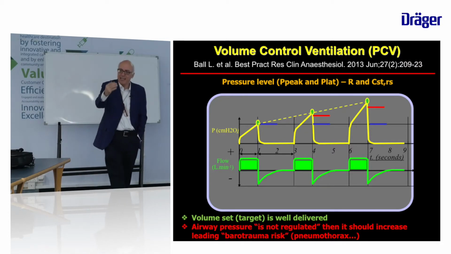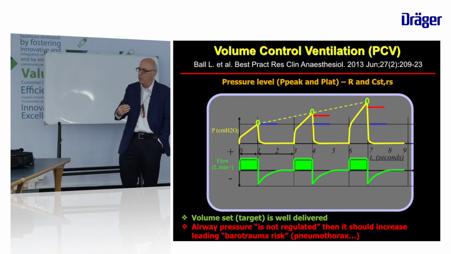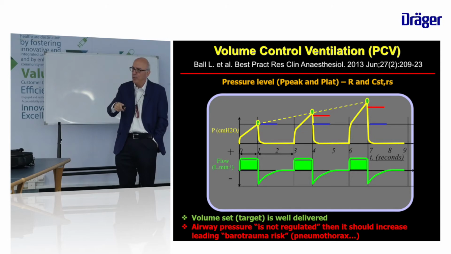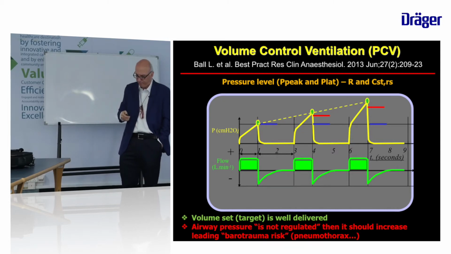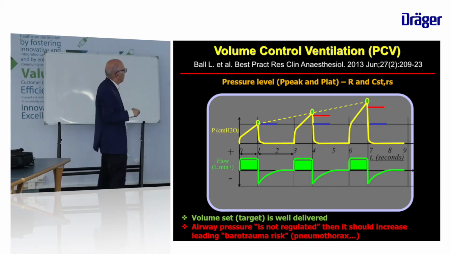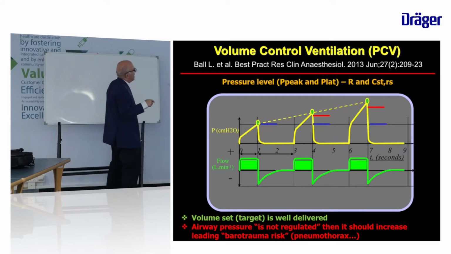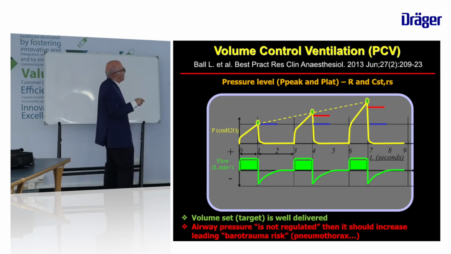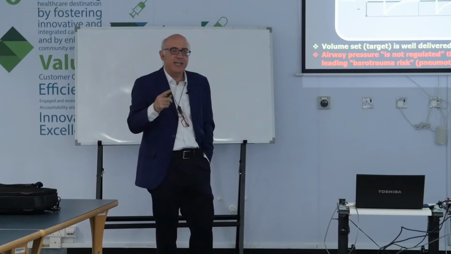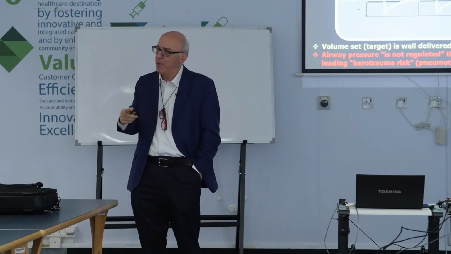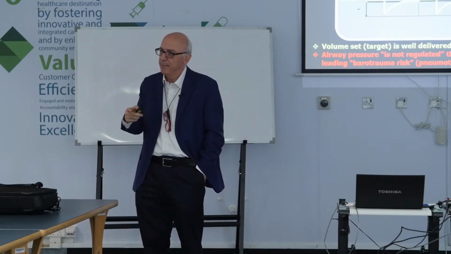So if you have an increase in peak pressure in volume control, you always have to occlude the airways at end inspiration when possible. And if you have an increase in the difference between peak inspiratory pressure and plateau pressure, this means that you have an increase in the airway resistance, okay?